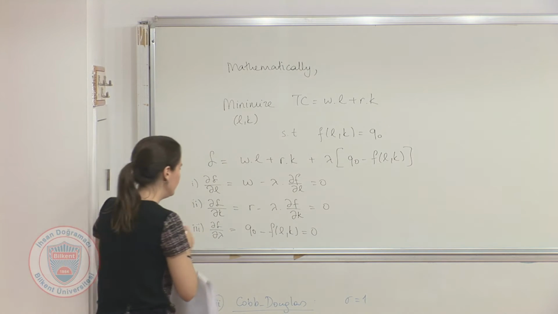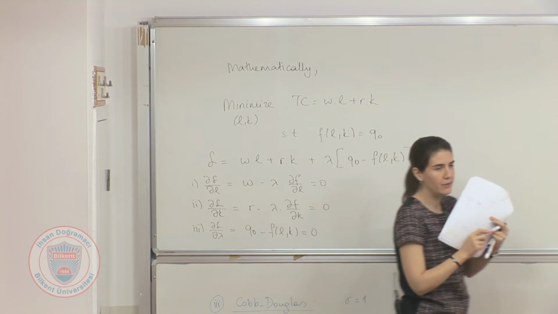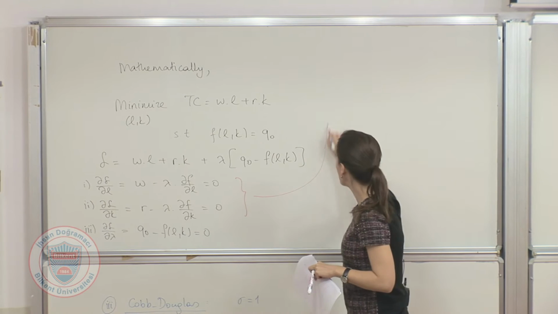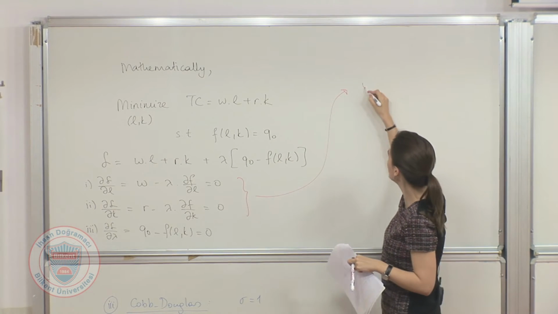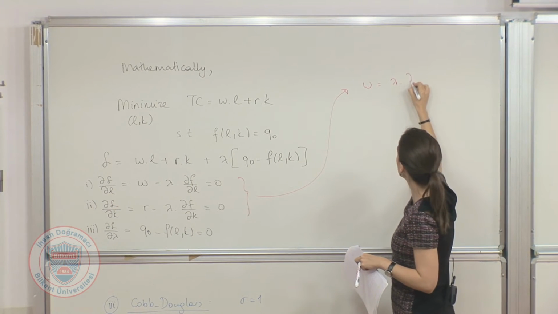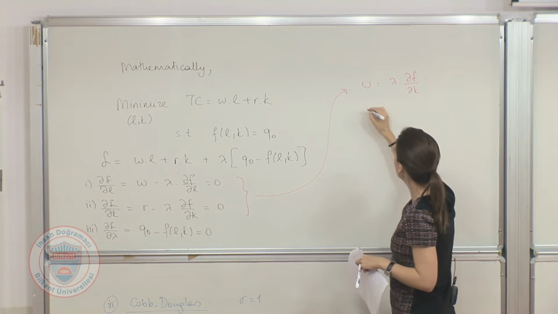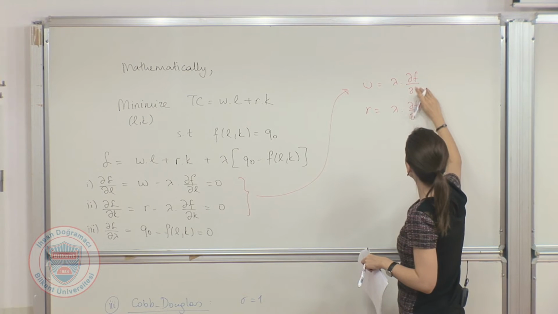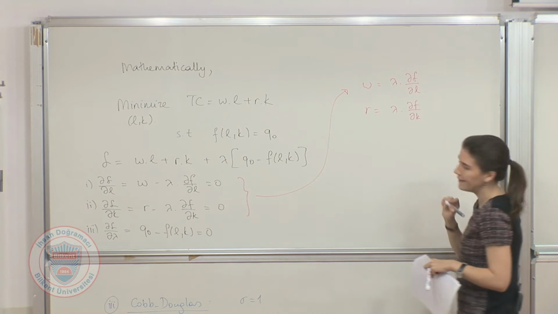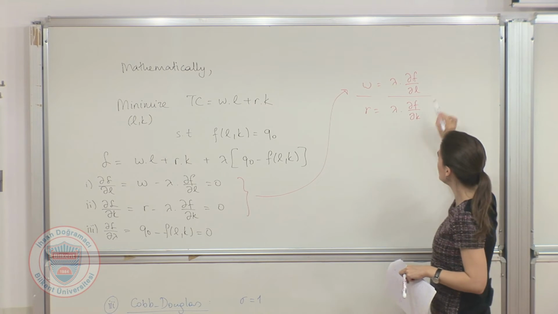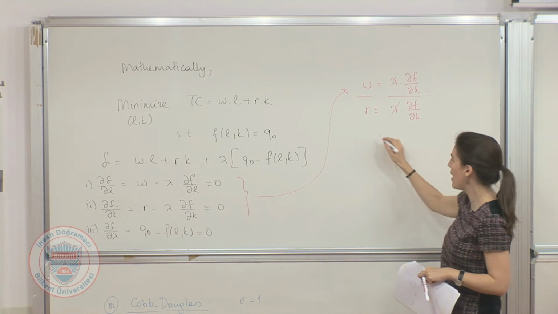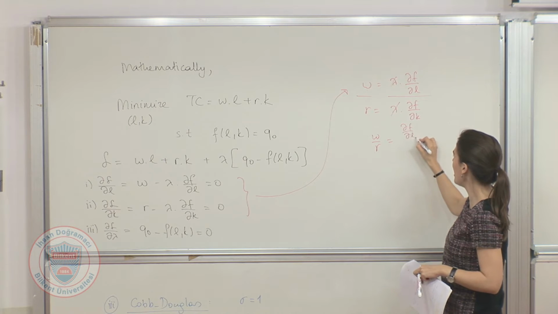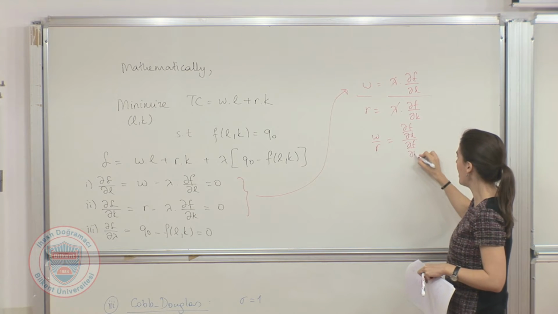So we move on. If you want to solve this, the typical approach is that you say wage is equal to lambda times del f over del L, R is equal to lambda times del f over del K. You just take the ratio, the lambdas go away, and you have wage over R equals del f over del L over del f over del K. What is this?